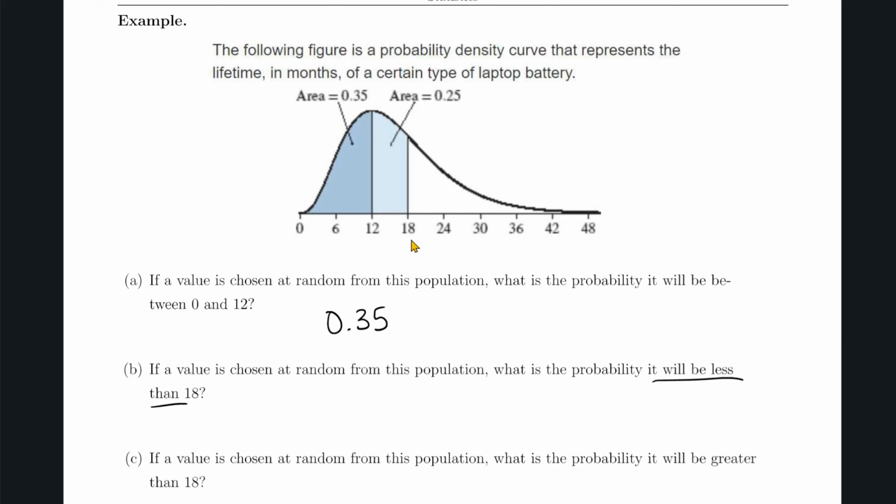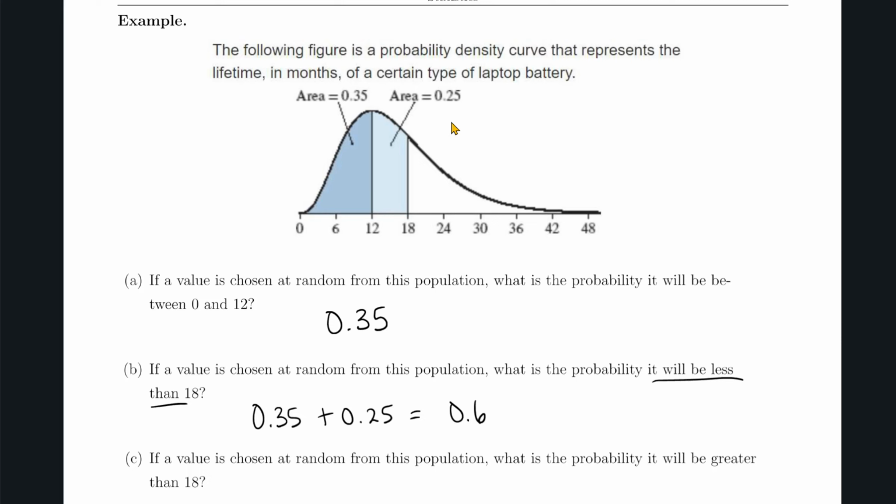So here we're looking at this region of the darker blue plus this lighter blue. That entire area under the curve will be the area corresponding to values less than 18. So we take the 0.35 from the first region plus the 0.25 from the second region, and we get a probability of 0.6.